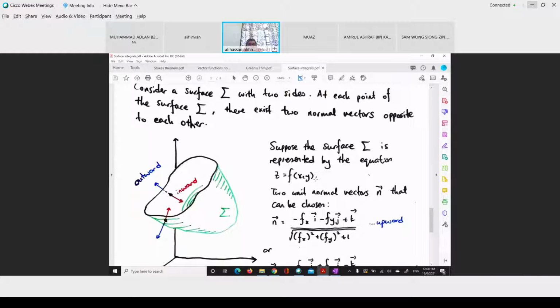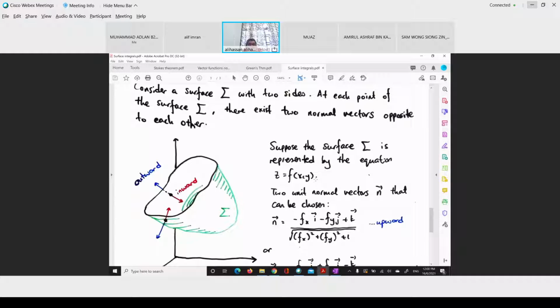So this kind of surface integral is called the flux integral. This is the flux integral that we have in Stokes' theorem. So now I've introduced you to the concept of flux integral through a problem in fluid mechanics, finding the rate of mass.